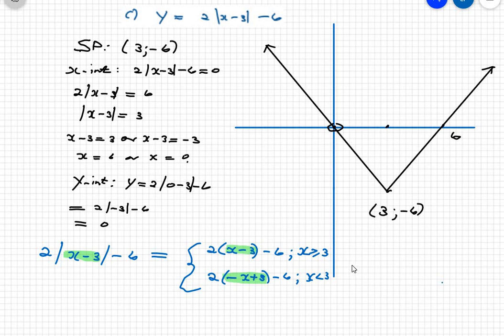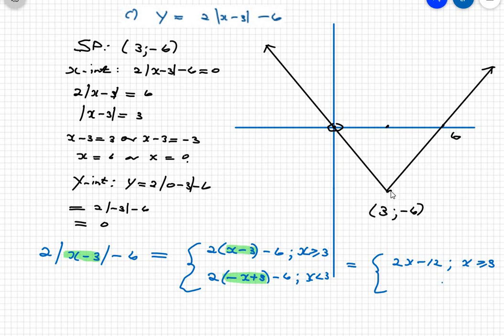Okay, now I just need to put makeup on, make them nice. This is 2x minus 6, minus 6. This is going to be 2x minus 12, if x is greater than or equal to 3. So if this arm comes down here, it's going to go all the way through negative 12 here.